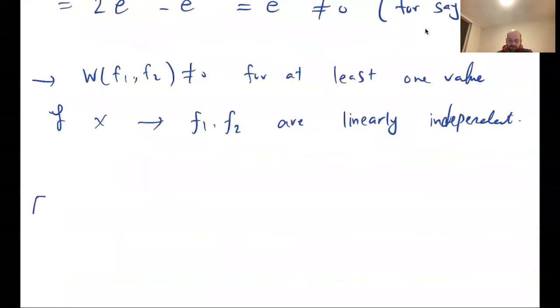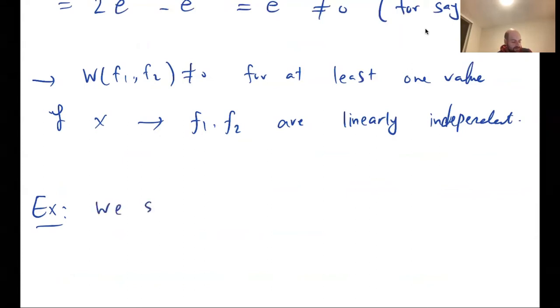All right, let's look at another example. In this example, we could do it with two different methods, using the definition and using the Wronskian. So here is another example that we already saw, where the functions were linearly dependent. If you remember, the functions were sine squared, cosine squared, and 1.